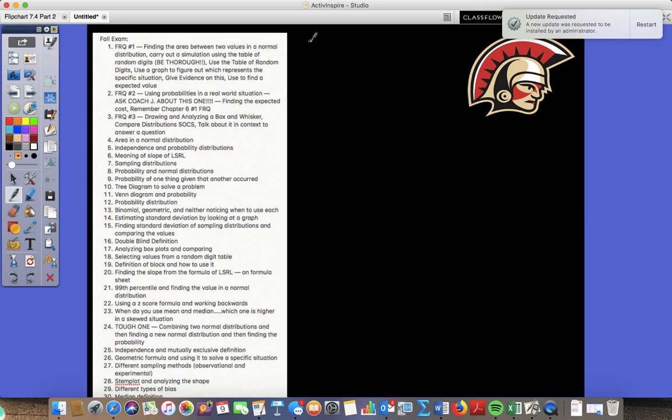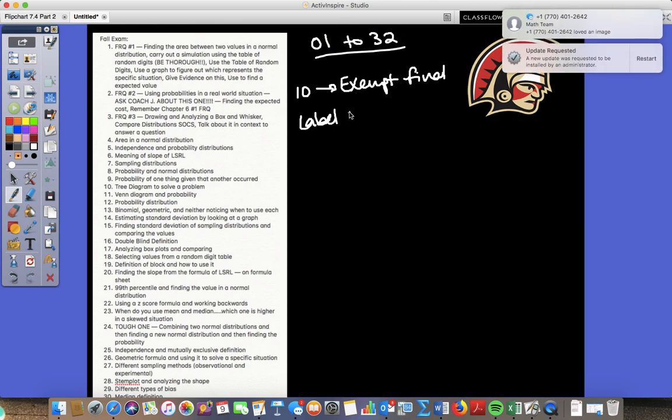Let's say we label everyone in our class from 01 to 32, and we decide that we're going to randomly select 10 people to exempt from the final. It's important that you understand that we label, that each person gets a number between 01 and 32.